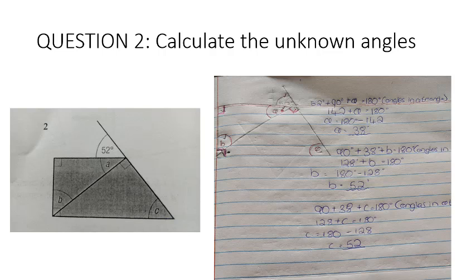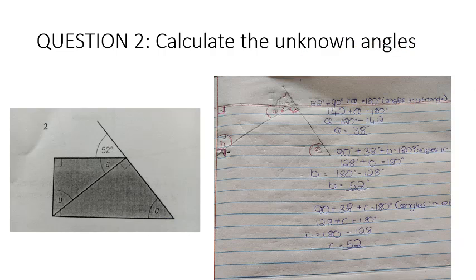Have you seen 52 degrees, A, and the other angle? The other angle is a right angle. So if we add that right angle, which is 90 degrees, plus A plus 52 degrees, the answer will be 180 degrees. Why? Angles on a straight line. So we are going to say 52 degrees plus 90 degrees plus A is equal to 180 degrees.